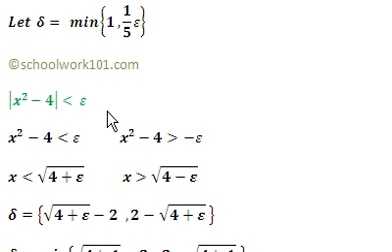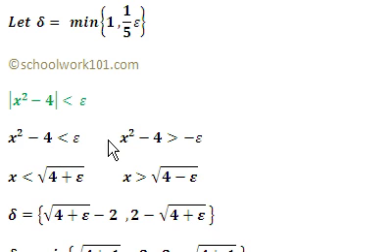Now if we weren't staying inside that interval between 1 and 3, we would work this just like we worked previous problems, where we take the conclusion here and find the solution set. So we drop the absolute value bars, and it's less than epsilon, drop the absolute value bars, flip the sign, and make epsilon negative.